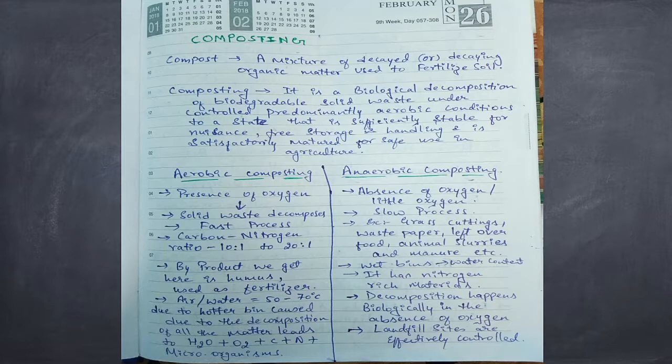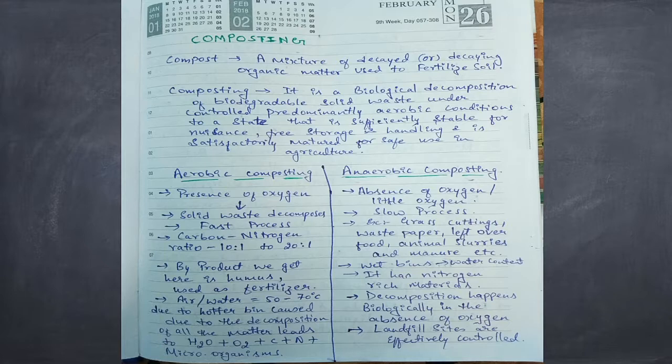So the basic thing is the process in which the organic matter of the solid waste gets decomposed and converted into humus and mineral compounds, and it will be further utilized as a fertilizer for the soil.